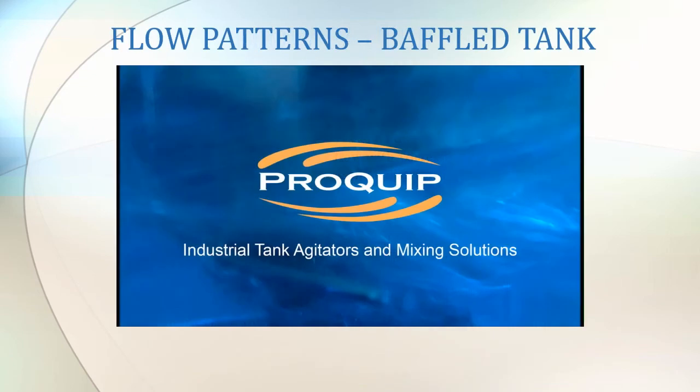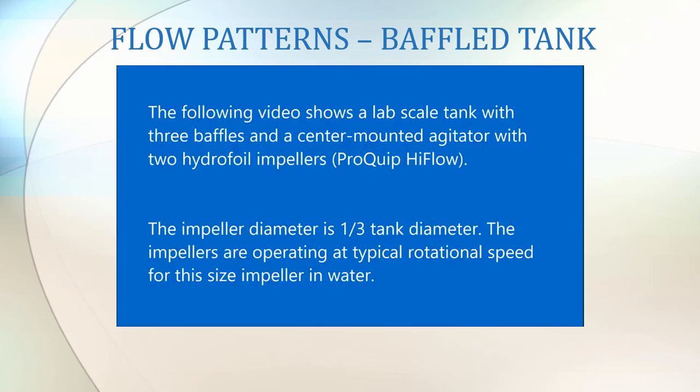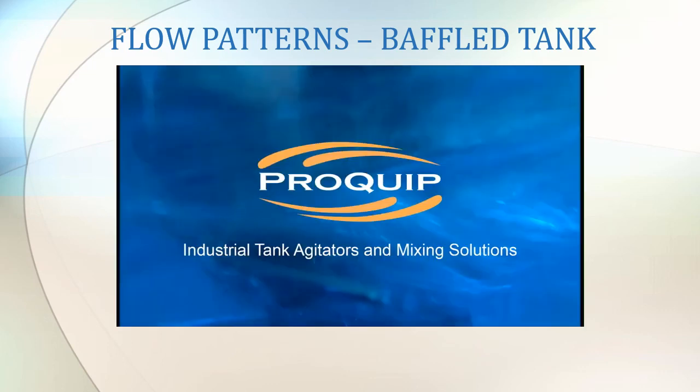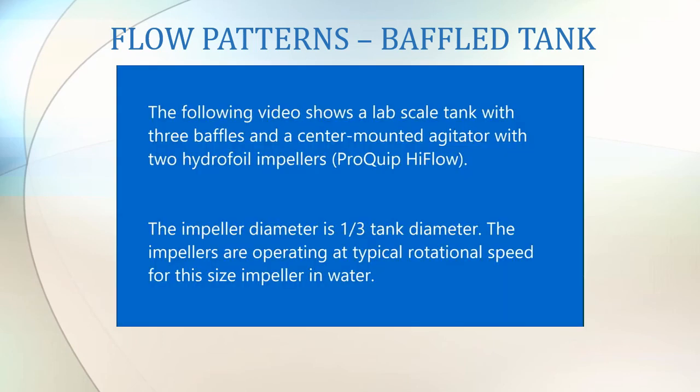Let us look at a video that shows the effect of having baffles. This is a center mounted agitator in a baffled tank. Again, we are using an impeller that is 1/3 of the tank diameter. You can see here, these are the baffles that were added in the tank.